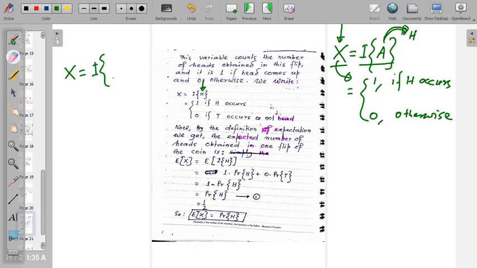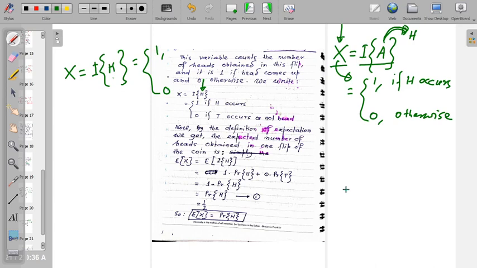Here we are looking for H, and for that single coin flip it is 1 or 0. If on that coin flip the head comes up, I count 1, otherwise I count 0. Why am I counting? Because I am trying to find out, for n coin flips, how many heads are going to come up.